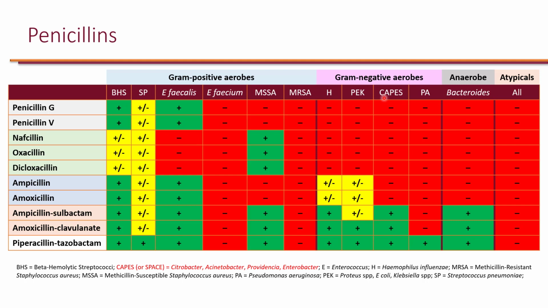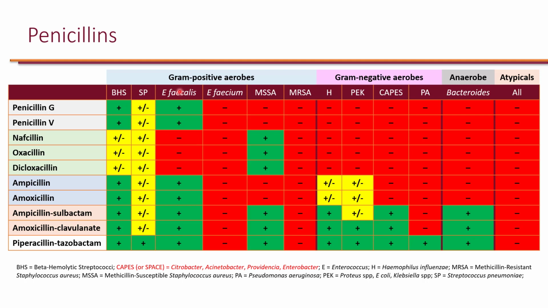And then we have CAPES organisms, which refers to Citrobacter, Acinetobacter, Providencia, and Enterobacter. Then we have Pseudomonas aeruginosa. And then there are also major GI anaerobes, so Bacteroides is the number 1. And then we have atypical organisms. So none of the beta-lactams have activity against atypical organisms.